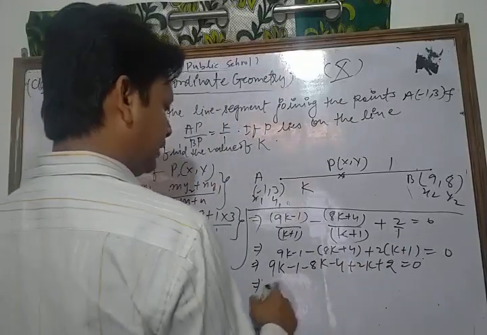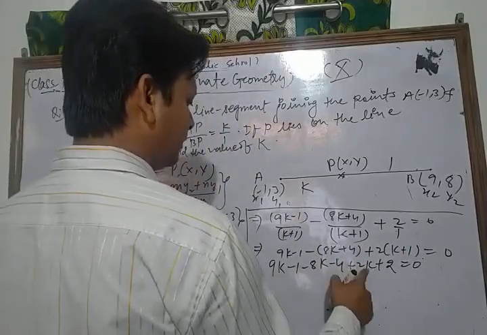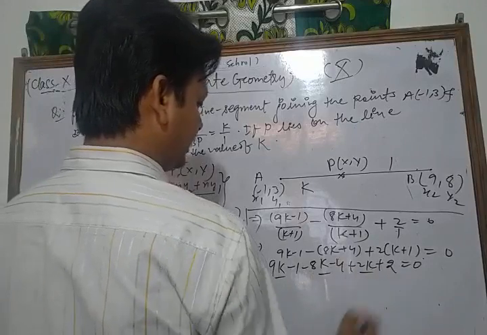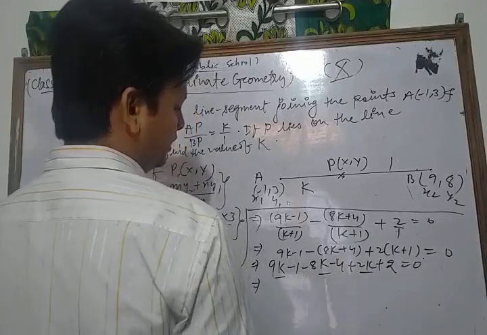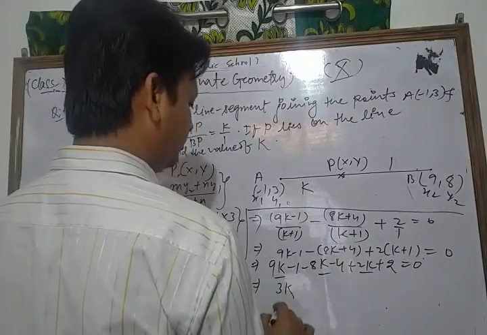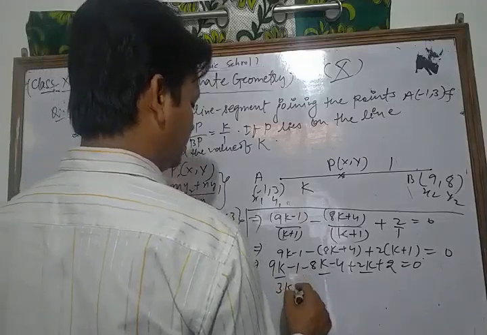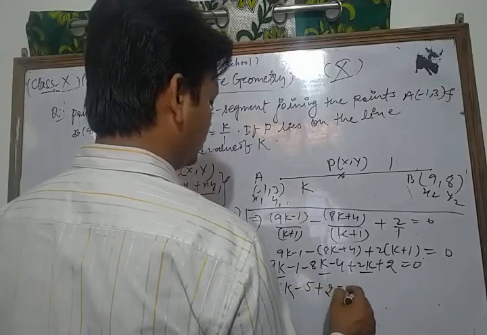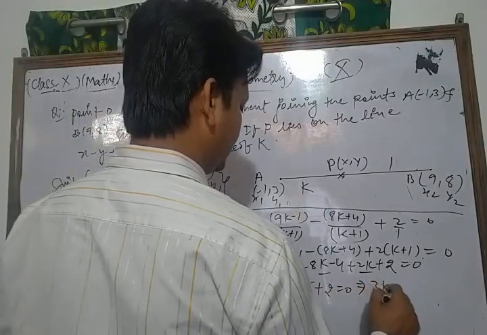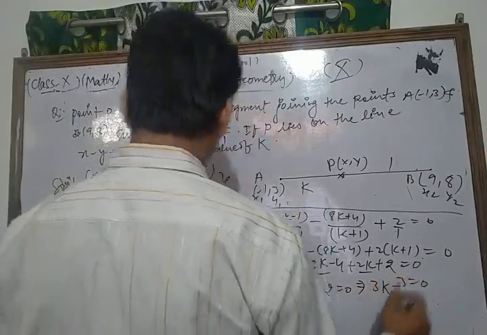So we get 9k minus 8k plus 2k, this is 3k, and minus 1 minus 4 is minus 5, plus 2 is equal to 0. So we get 3k minus 3 is equal to 0.